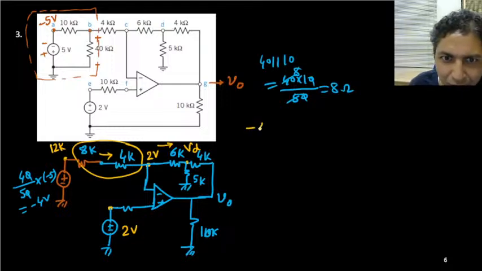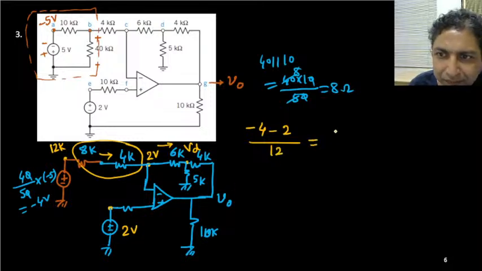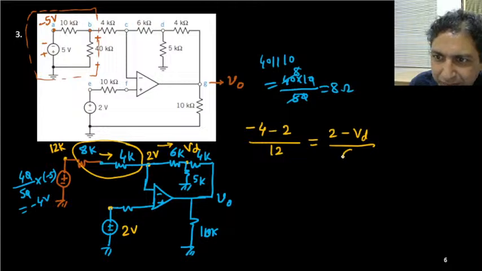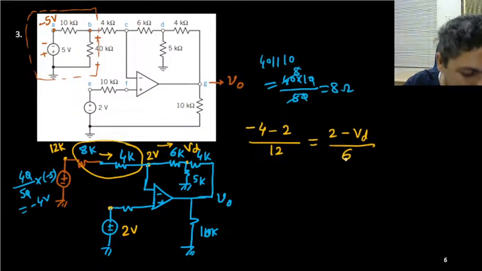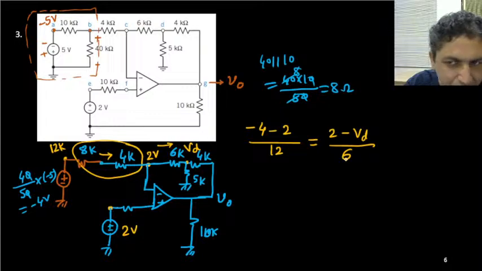So minus 4 minus 2, the current flowing this side, by 12K, should be the same as 2 minus Vd upon 6K. Am I correct? Is it the correct equation to find Vd?